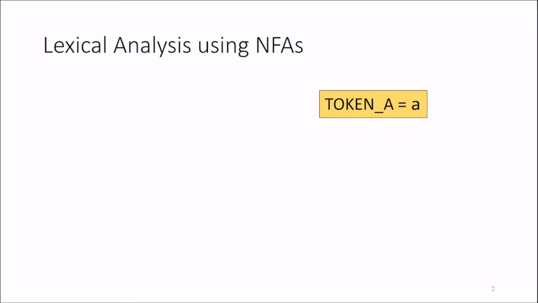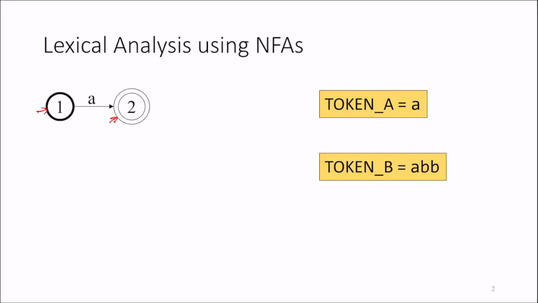So we have the first token definition, token A, and all it recognizes is a single symbol A. The NFA for this would be this simple finite state automata here with start state 1, and then it accepts a symbol A and goes to a final state 2 over here.